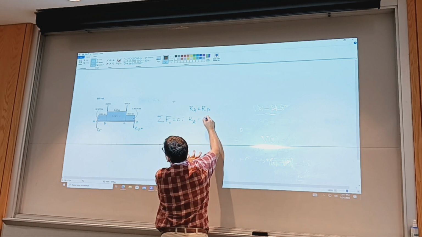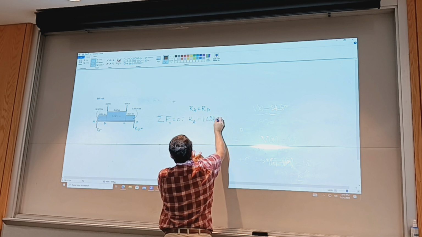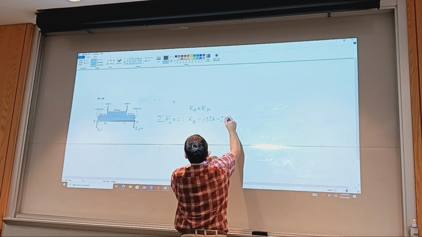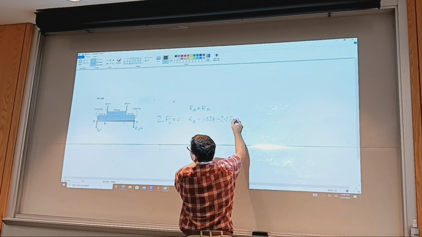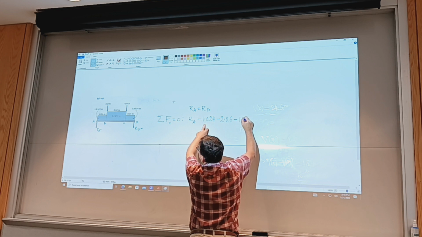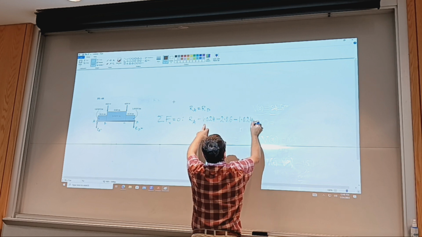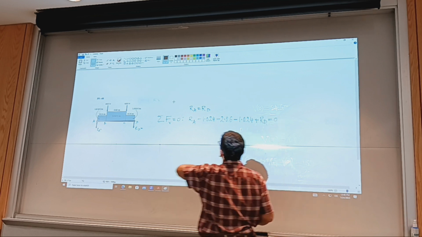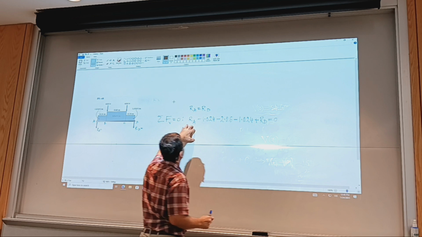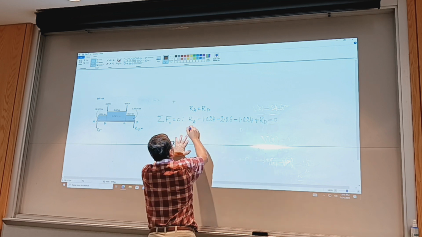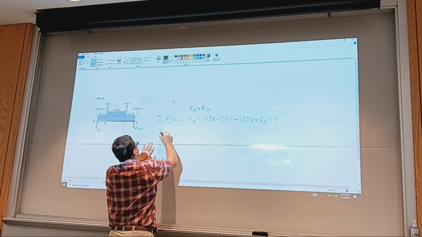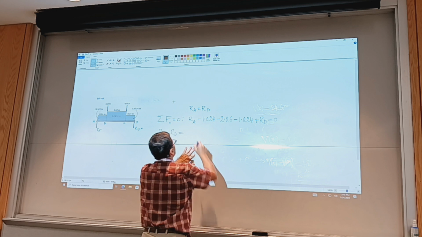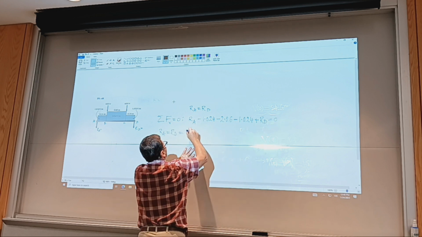So 1 times 0.24, and then I have 2 times 0.6, and then negative, repeat this 1 times 0.24, and then plus RD equals 0, all right? So I could just say 2RA and everything else. So RA equals RD, and this moves to the right, positive becomes positive.